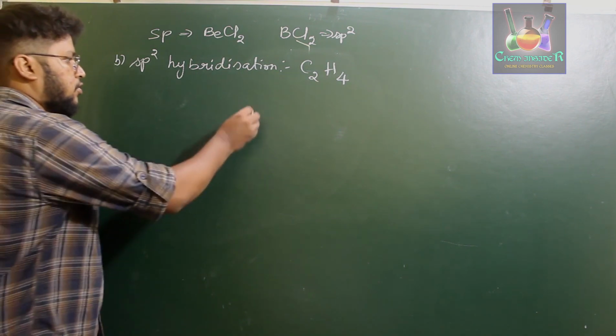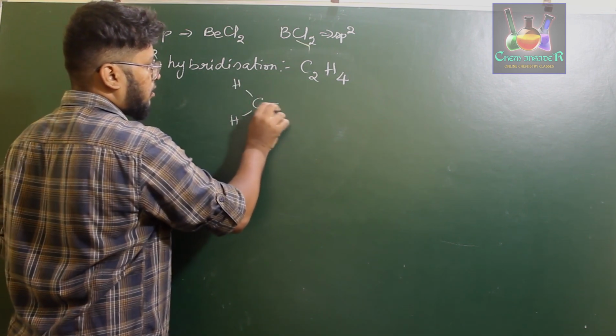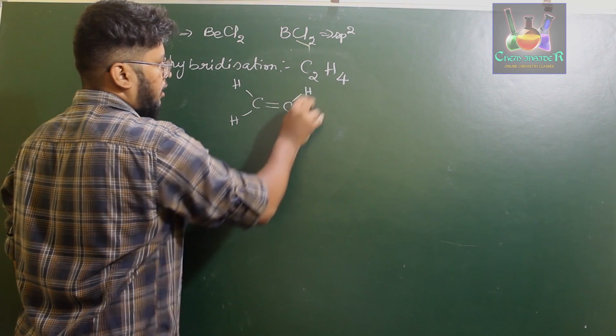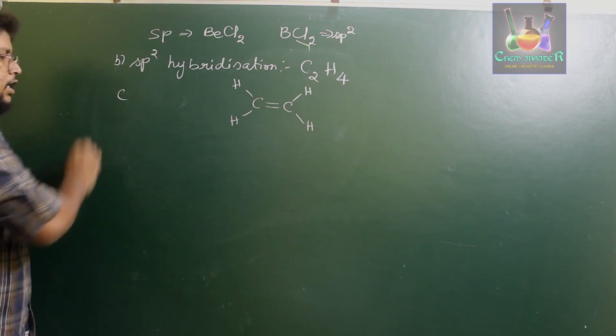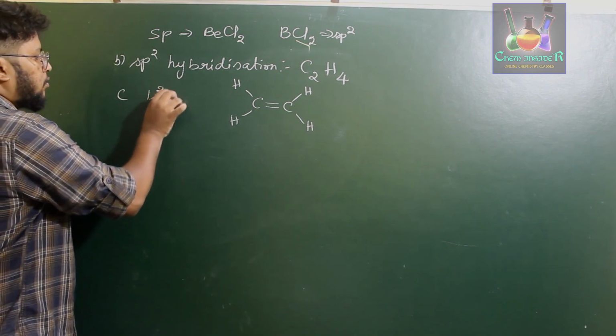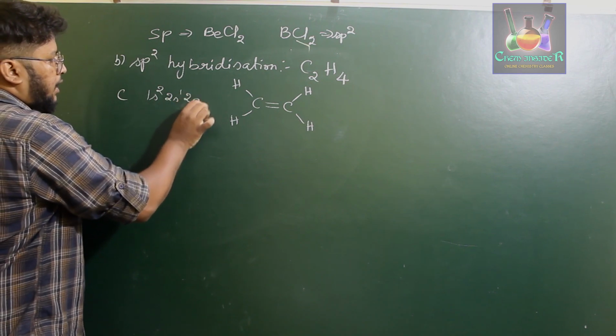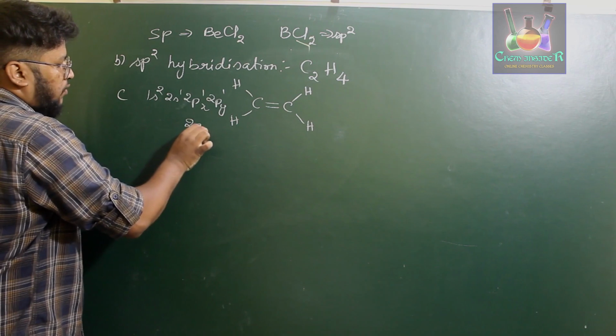So the C2H4 geometry is like H, H, H and H. If you observe carefully, the electronic configuration of excited carbon is 1s2, 2s1, 2px1, 2py1, 2pz1.